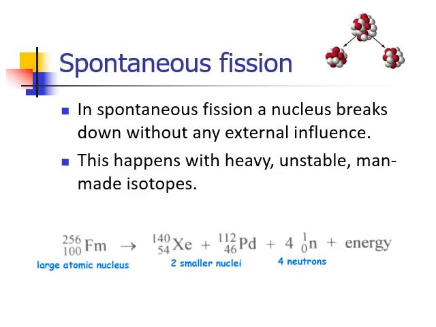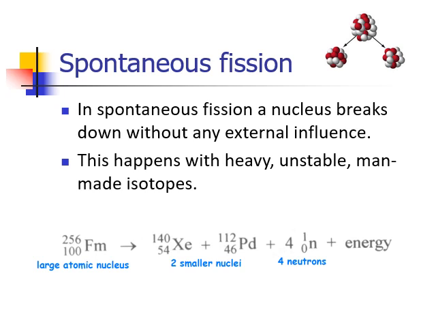So in spontaneous fission, a nucleus breaks down without any underlying cause. We've not made it happen, it just happens. And this could be a large nucleus splitting into two smaller nuclei, or it could be a large one split into different sizes of nuclei. They don't have to be the same size. The picture at the top right there shows similar sizes, but it doesn't need to be like that.